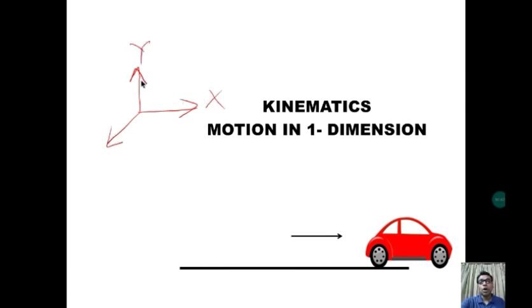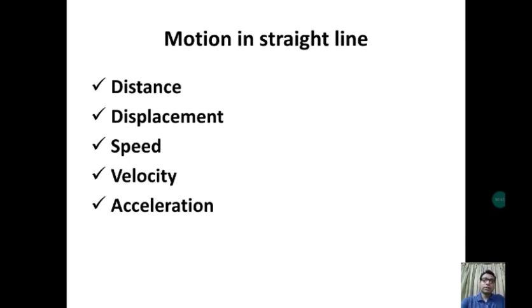So the object is moving along one of the particular axes. Under this, that is, motion in a straight line, we are going to cover some topics like distance, displacement, speed, velocity, acceleration. We are already well versed about these terms, but this is a crash course, so we have to learn each and every term again.